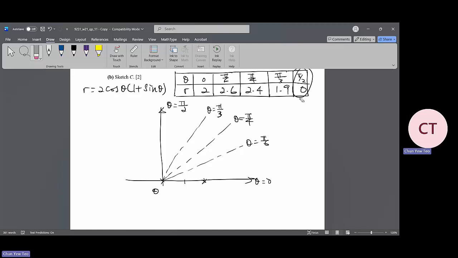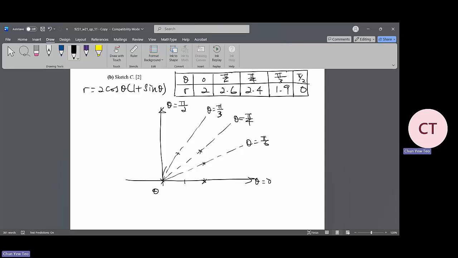Then in the middle, just need to measure accordingly. So again, I draw in freehand. My graph may not look very accurate. Okay, so this one, it will be something like this. This one will be something like this. Something like this.